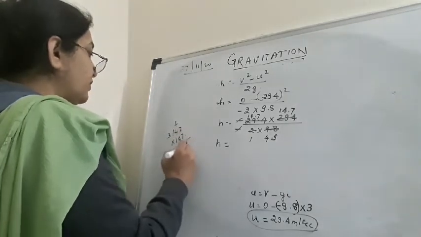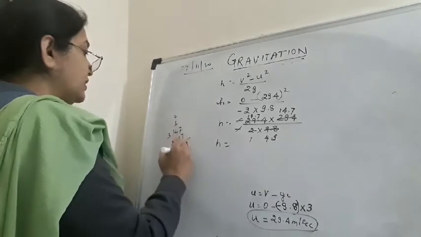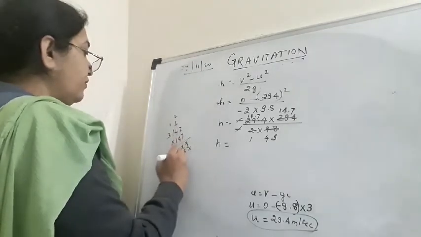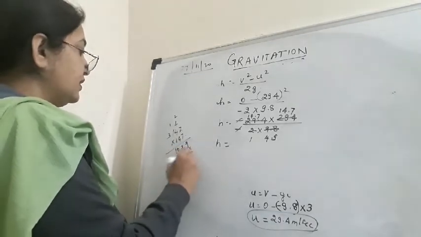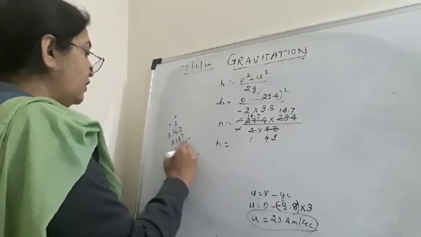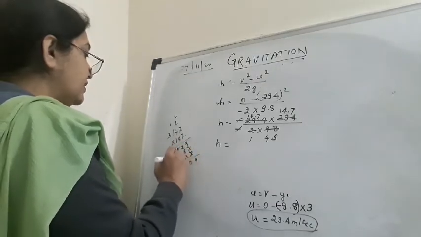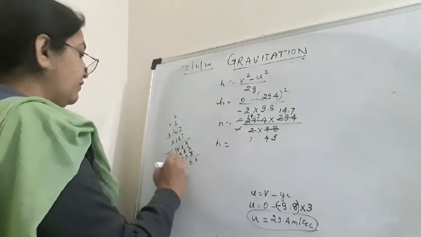Then 4 sevens are 28, 4 fours are 16, 17, 18, 4 ones are 4, 5, 1 sevens are 7, 1 fours are 4, 1 ones are 1. So 9, 0, 6, 5, 9, 10, 11.